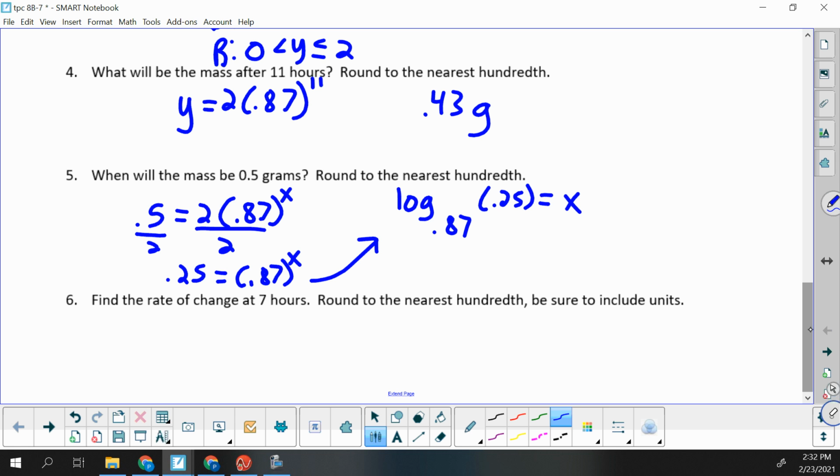And we should get to the nearest hundredth, the x is 9.95, and our label on that should be hours.